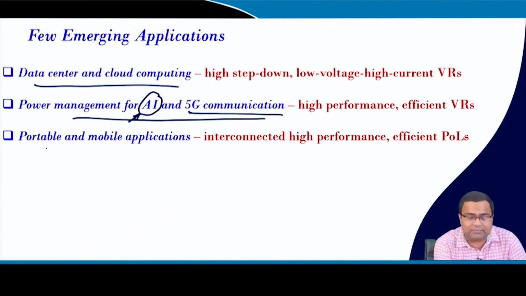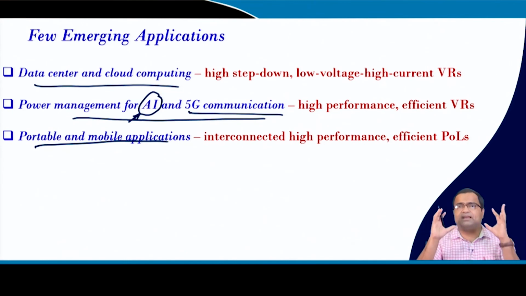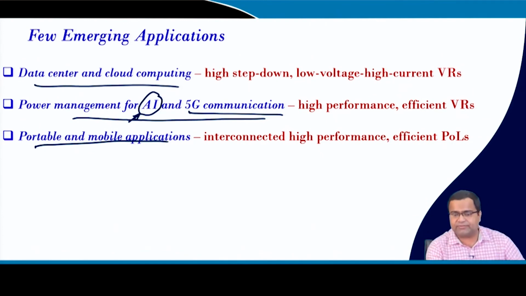So, for such a system there are multiple power management converters, and each will have different voltage and current requirements, and they can be operated either in standby mode, extremely low power where you need to save energy, as well as at full capacity where the processing requirement can be very high, and the power supply has to meet the demand for both dynamic voltage scaling, like voltage difference, as well as current difference. So, we need a very interconnected high performance POL solution.